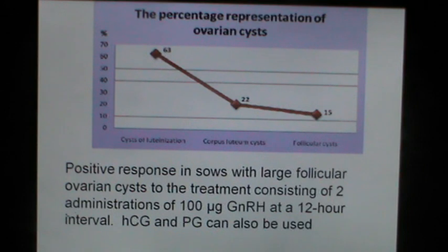In one study's percentage representation of ovarian cysts, cysts of luteinization were much more common compared to corpus luteum cyst and the follicular cyst in sows. A positive response in sows with large follicular ovarian cysts has been shown to the treatment comprising 2 administrations of 100 microgram GnRH at a 12-hour interval. HCG and PG can also be used.